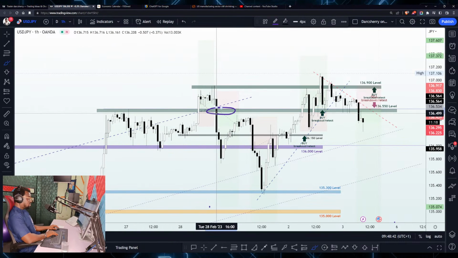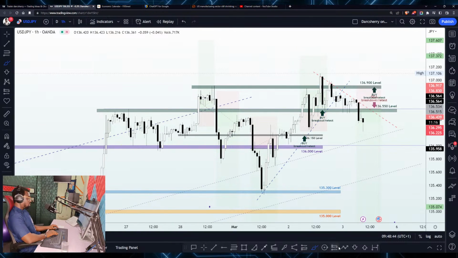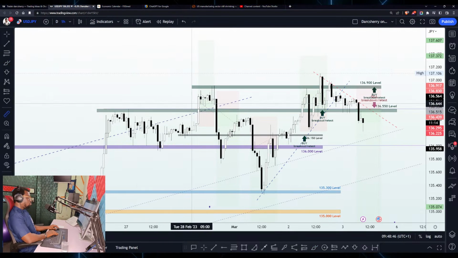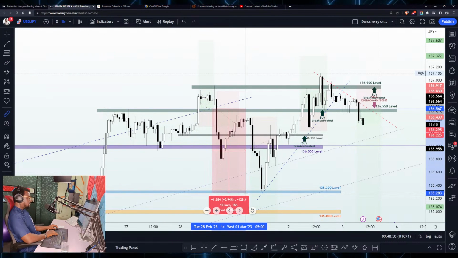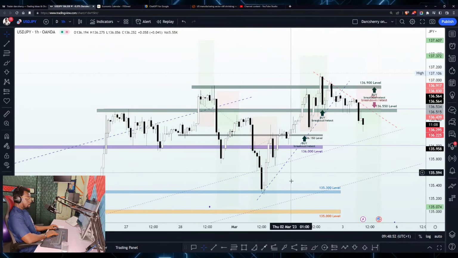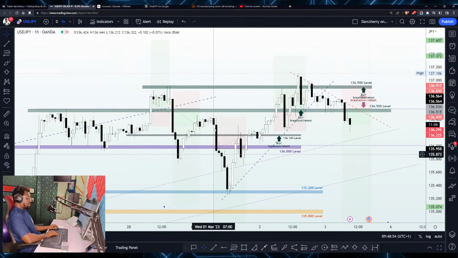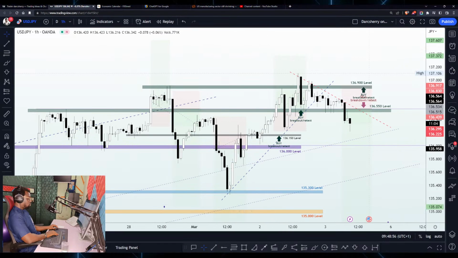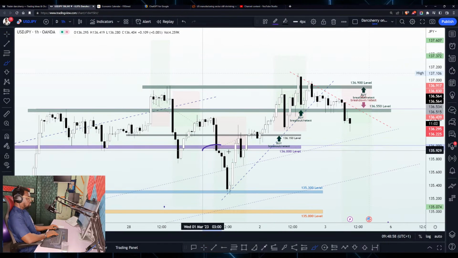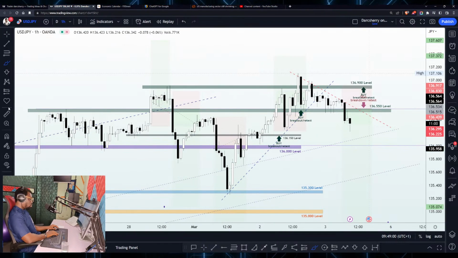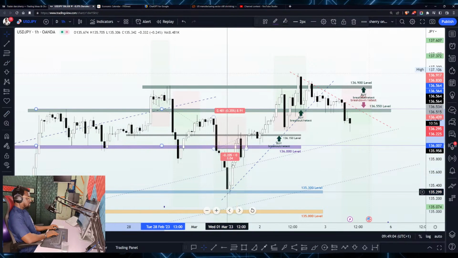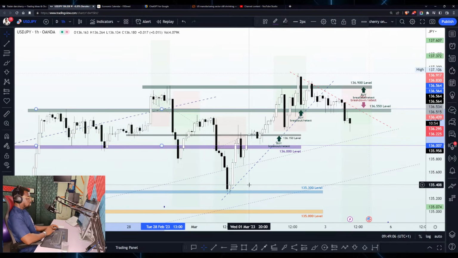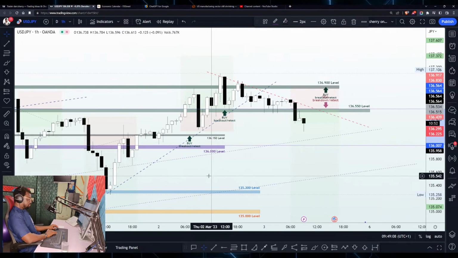That was on Tuesday during the New York session, and price action moved about 120 pips in our direction before that bullish momentum happened. And we also added another position at the breakdown of the 136.00 area, which also moved about 60-70 pips in our direction before this bullish momentum began.